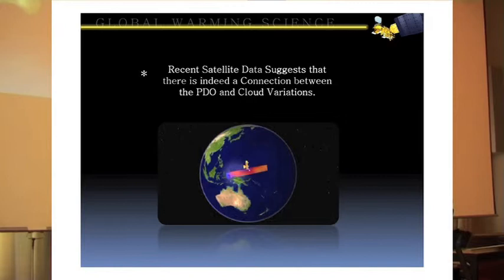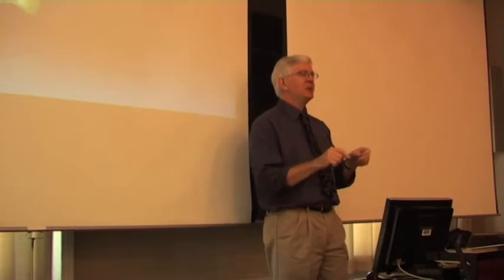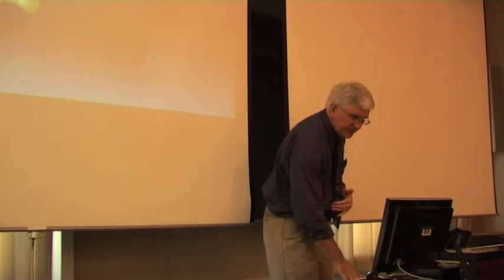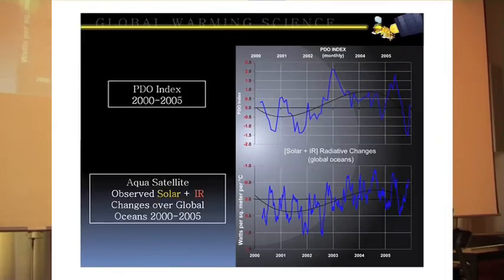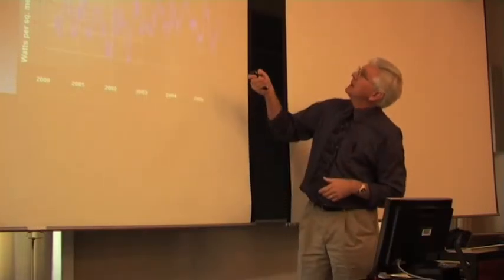Now, all I've done is played a computer game. The computer told me how much the PDO would have to change the clouds by in order to cause the temperature changes in the 20th century. Now we can go to our satellite data again. And this is about 6 years worth of data.